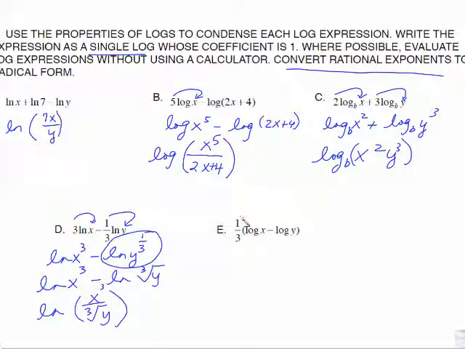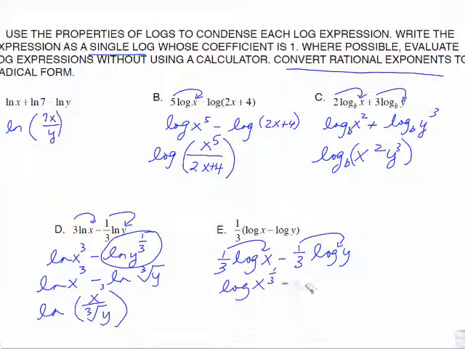Probably the easiest thing to do to start with is distribute the 1/3. So this is 1/3 log x minus 1/3 log y. Bring the powers back. So this is log x to the 1/3 minus log y to the 1/3. That's the cube root.